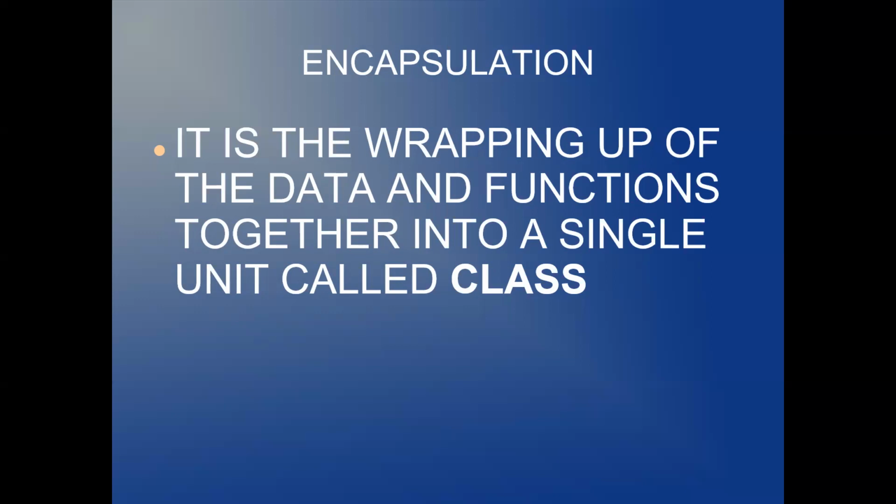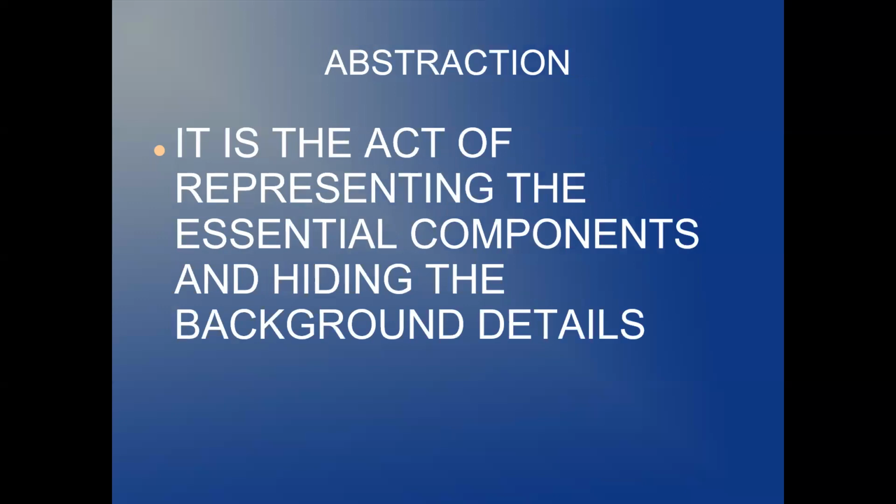Next element is abstraction. Abstraction is basically the act of representing the essential components and hiding the background details. So, if we consider an example, like if we are going to have a motorbike, we know the external mechanism, we know the external structure, but we are not informed about the internal mechanism.